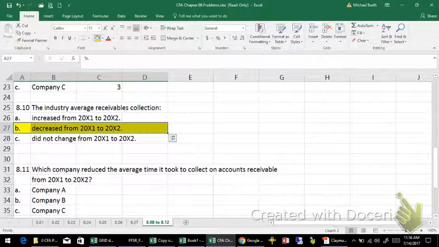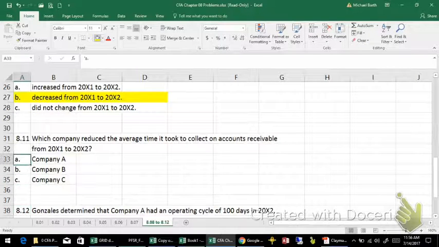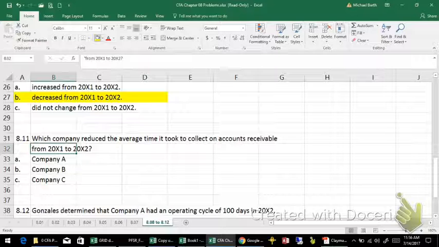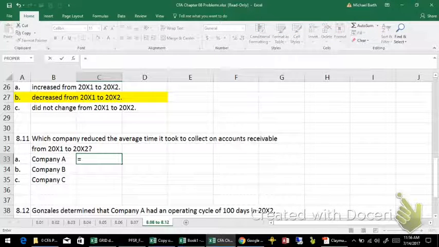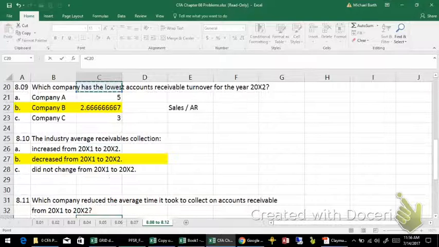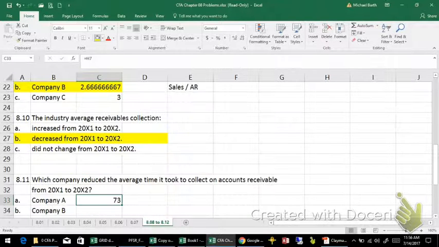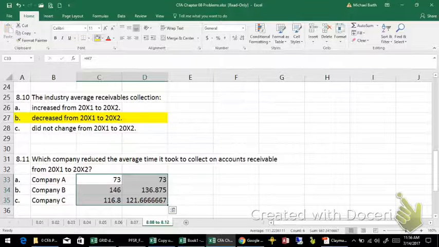Alright, moving on to problem 8.11. Which company reduced the average time it took to collect on accounts receivable? Well, that's the days of receivables. So which company reduced the average amount of time? And we've got A, B, and C again. A went 73 days to 73 days, no change.